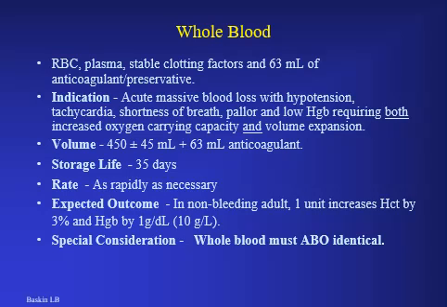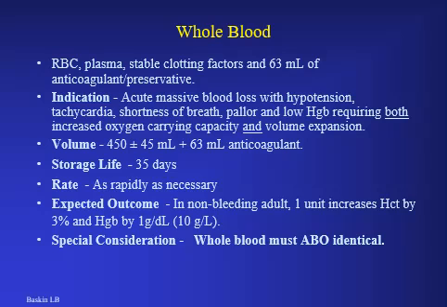And the units of whole blood consist of around 500 milliliters of red cells with plasma and stable clotting factors and some anticoagulants. It's usually used for acute massive blood loss with hypotension, tachycardia, shortness of breath, and conditions that require both increased oxygen carrying capacity and volume expansion. And the expected outcome is approximately 1 gram per deciliter of hemoglobin increase for each unit.